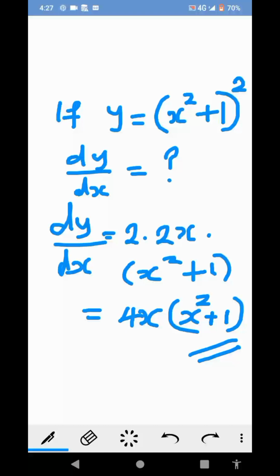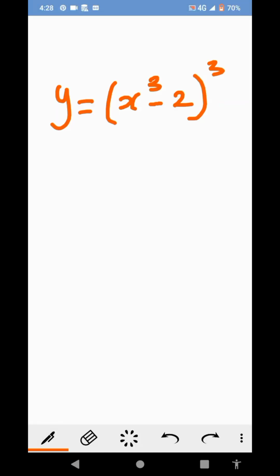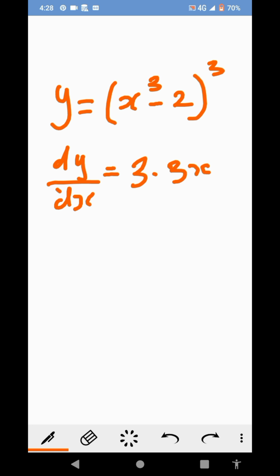Okay, let's see another example. This one is y equals (x raised to the power 3 minus 2) all raised to the power 3. So dy/dx will be: bring down the power 3, times differentiate what you have in the brackets, that will give you 3x squared, times reduce the power of the bracket by 1, that will give you (x cubed minus 2) all raised to the power 2.